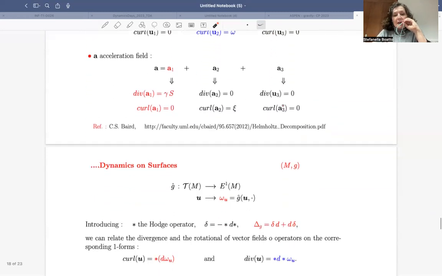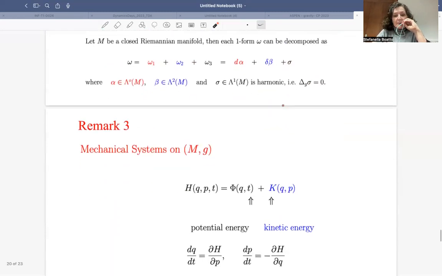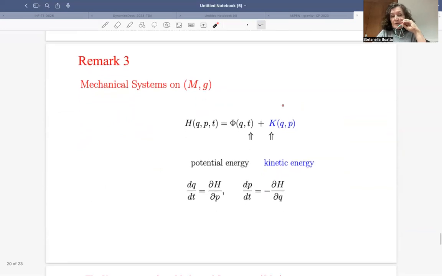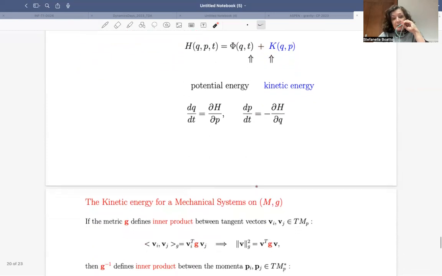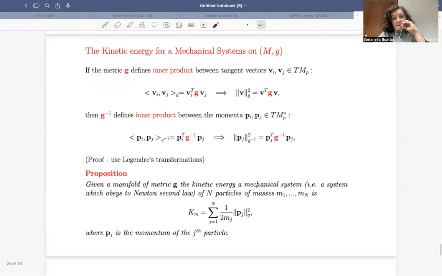So now, to conclude, there is a third remark: for a mechanical system we also need a kinetic energy for our test particle. We were very happy to find phi, the potential energy for our test particle, but now we want to find K, the kinetic energy. But actually we have it for free, because we are considering a Riemannian manifold.